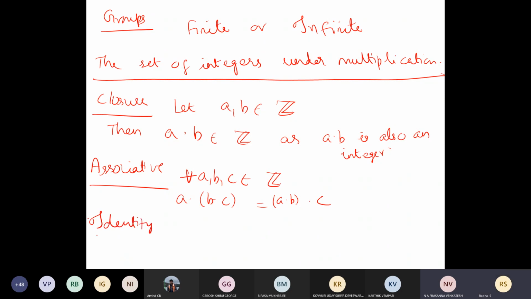I need some element E such that A into E is always A. What is that element? It is 1. So 1 belongs to Z is the multiplicative identity, or the identity under multiplication, correct?